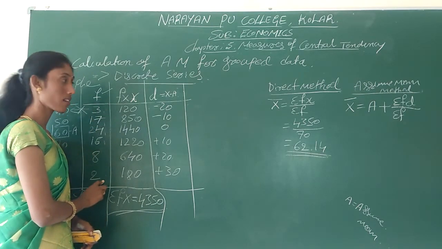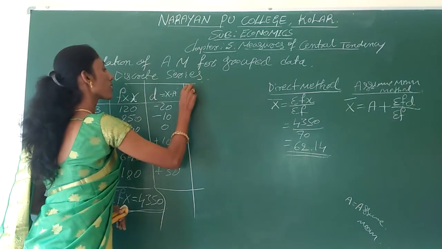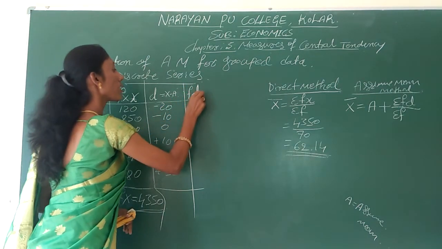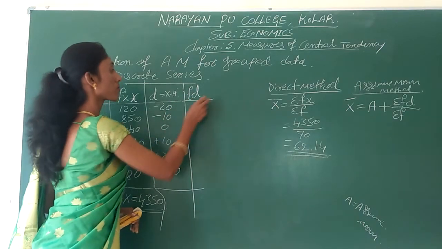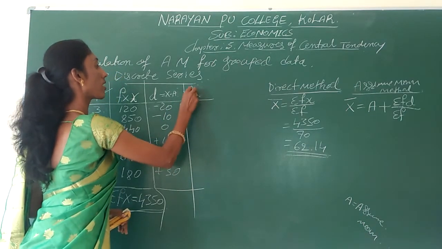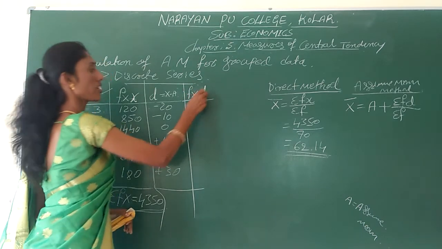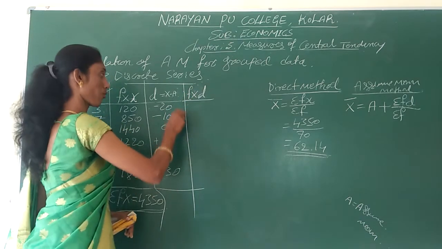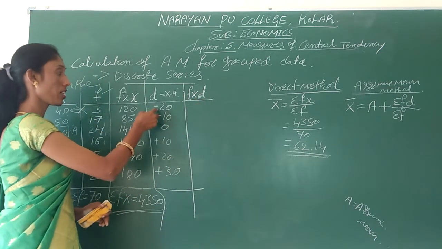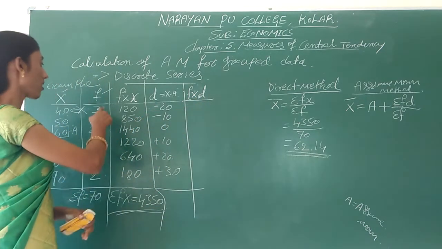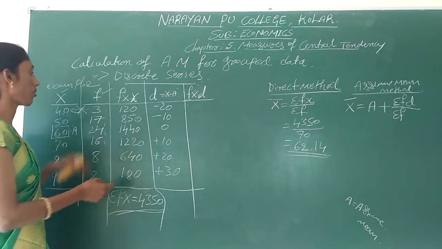Got it? Now we need to find f into d. fd is nothing but f into d only. If you want clarity, you can write it down as f into d. Now d is this column, and f is this frequency column.